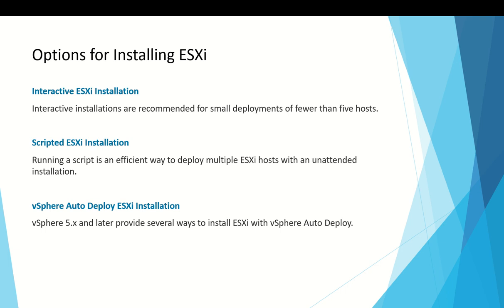Scripted installations or upgrades provide an efficient way to deploy multiple hosts. The installation or upgrade script contains the installation settings for ESXi, which we can apply to all ESXi hosts that we want to have a similar configuration. For scripted installations or upgrades, we must use the supported commands to create a script.